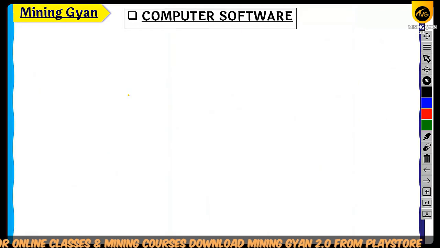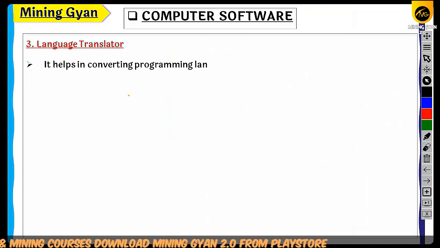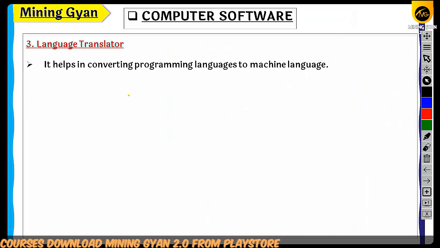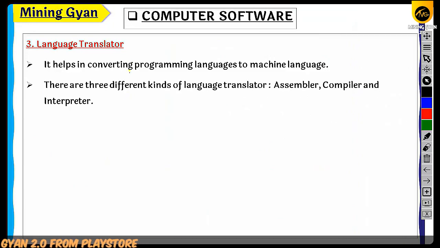Now the last one is the language translators. So the language translators are also a type of software. It helps in converting programming languages to machine languages. Basically, the machine understands the machine language.